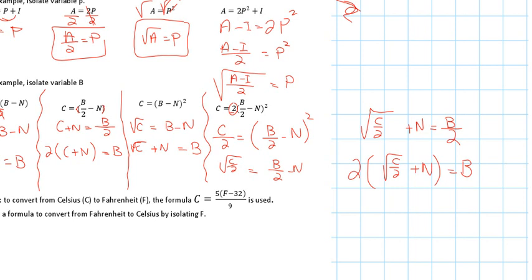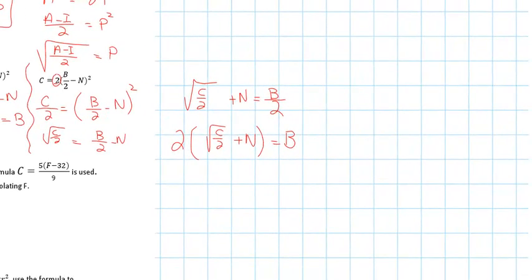If I give you a value for b and n, how do you evaluate this? What do you do first? So I plug in the values. Okay, I plugged in the value. What do I do after that?